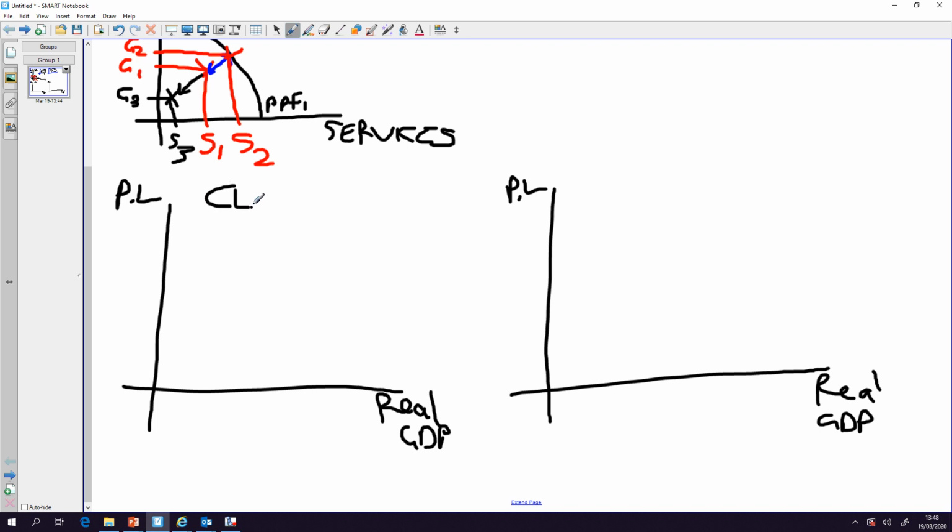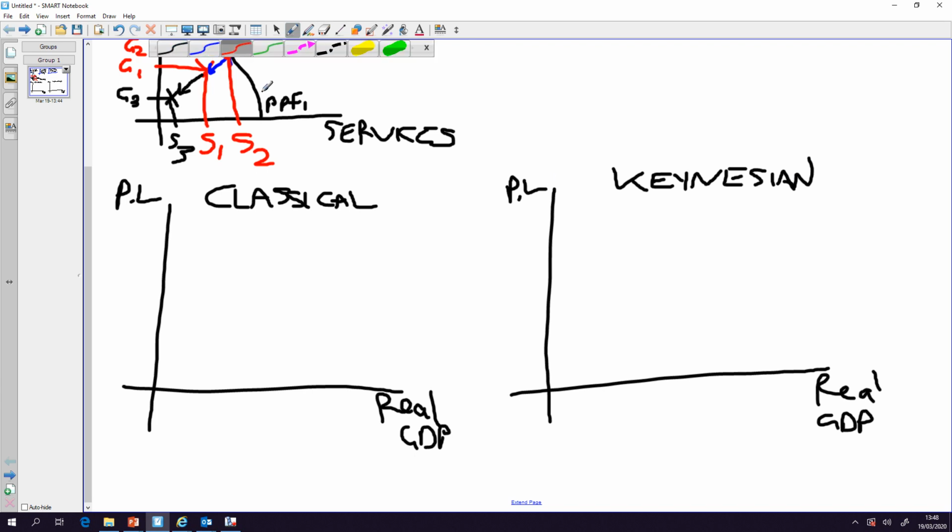Now we're going to be thinking about something called a classical, which is a free market view of a long-run aggregate supply curve. And then we're going to be looking at a Keynesian long-run aggregate supply curve. Now the big difference between the two is that classical is free market, Keynesian is more of an interventionist LRAS curve.